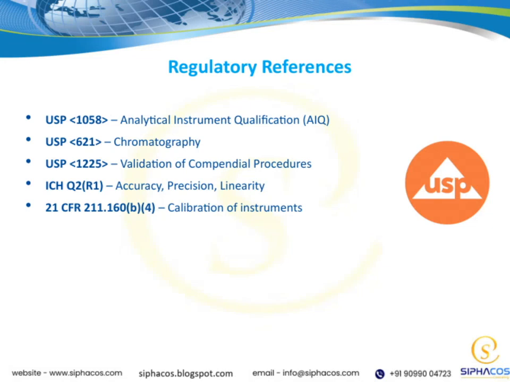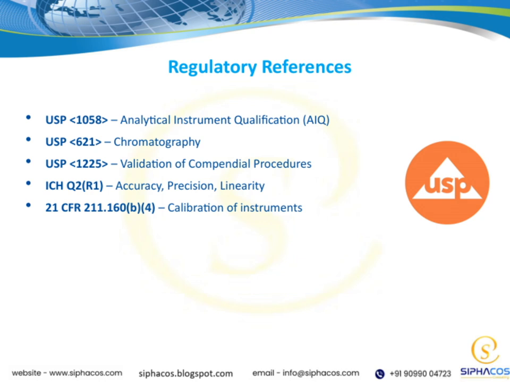Let's take a closer look at some key regulatory references that guide our analytical and validation practices. First, USP 1058 focuses on analytical instrument qualification, or AIQ, which is all about ensuring our instruments perform consistently and reliably. Next, USP 621 covers chromatography, emphasizing the importance of proper method development and validation in separation techniques.